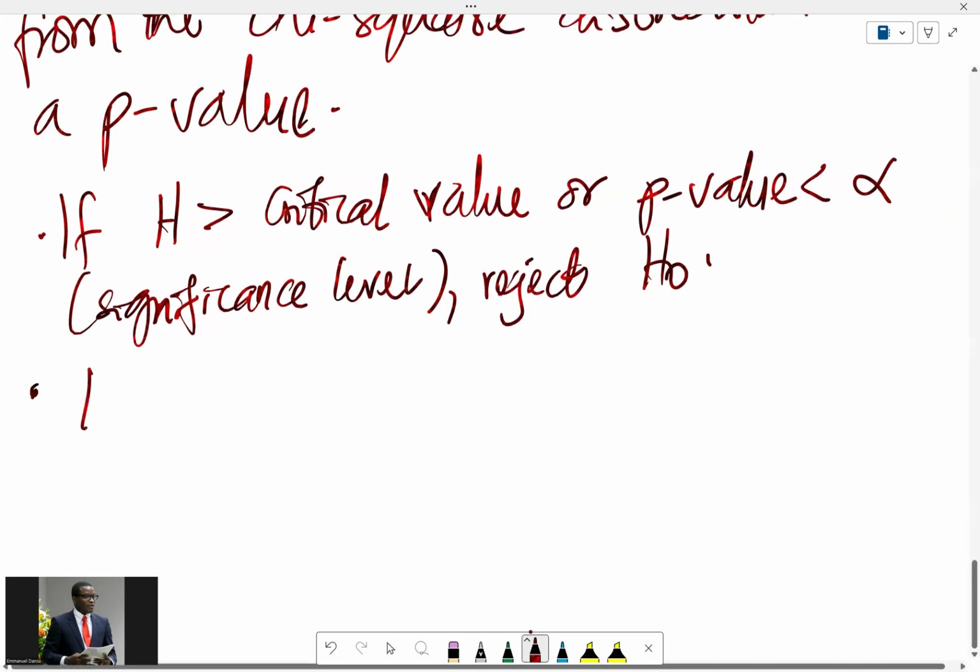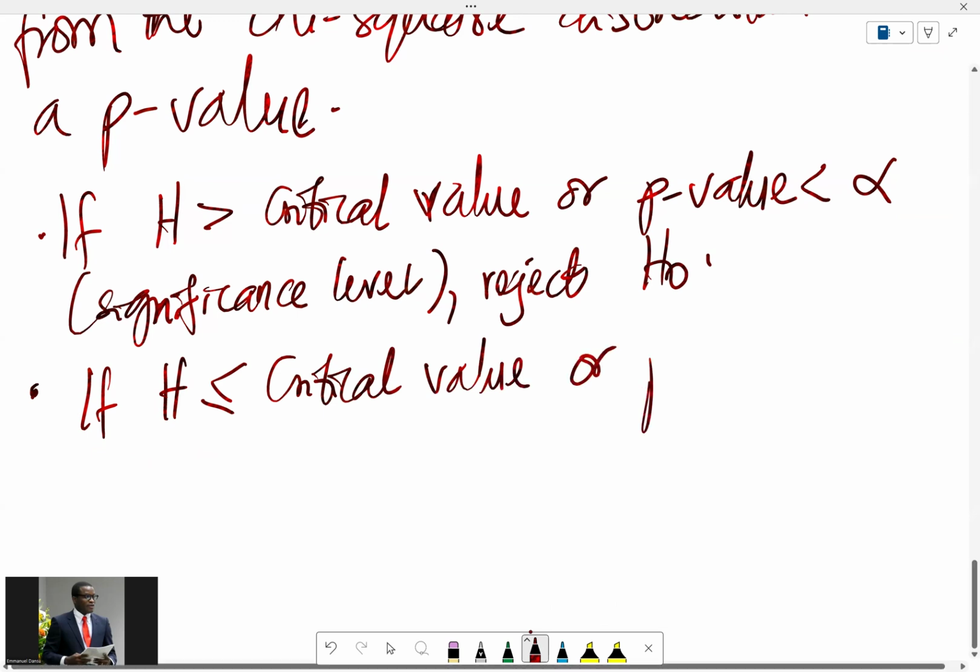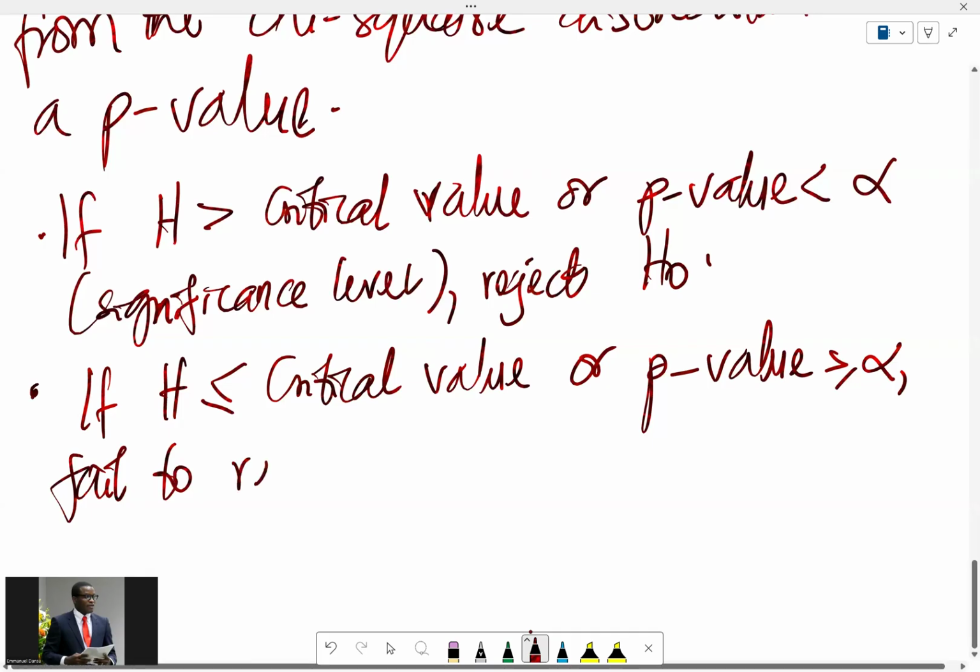If it is the critical value you're getting, you compare that with H. If it is the p-value, you compare that with alpha. Secondly, if H is less than or equal to the critical value, or the p-value is greater than or equal to alpha, then you fail to reject H naught.